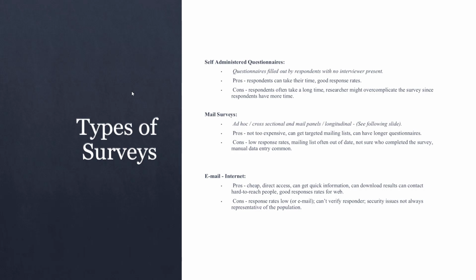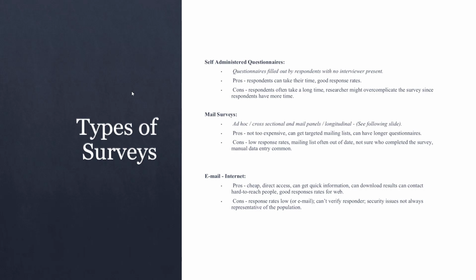On the cons, obviously, are response rates. Especially with email nowadays, many times if you don't have much incentive, the message just gets into junk mail. This is a big problem. Also, if you send a mass mailing, you cannot verify who responded, and there might be security issues.